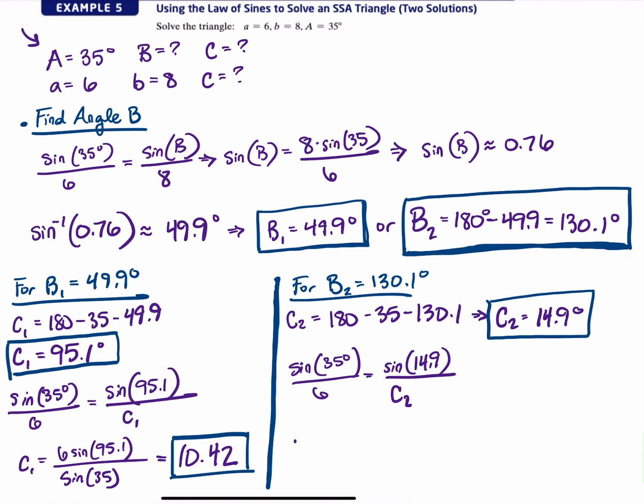So rearranging, c2 should equal 6 times the sine of 14.9 divided by the sine of 35. So evaluating this, you get c2 should be 2.69.